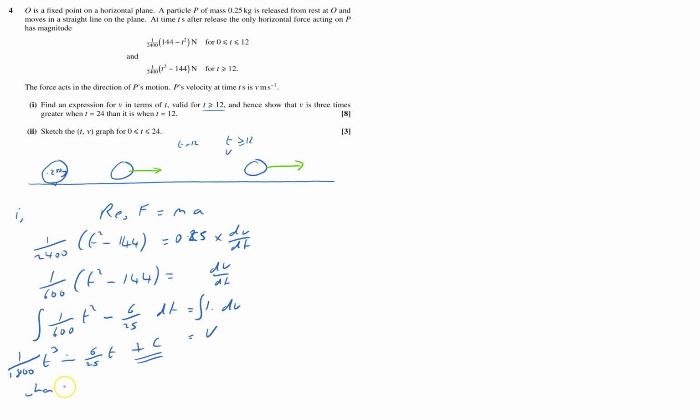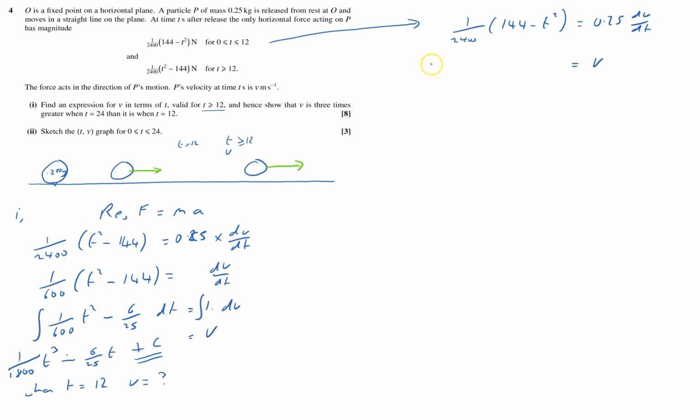So when t equals 12, v equals, well, I don't know. In order to do that, I've now got to apply the same thing to the other part. So now I'm going to have to solve 1 over 2,400 times 144 minus t squared equals 0.25 dv by dt, and this is going to give exactly the same thing, but the sign's going to be the other way around.